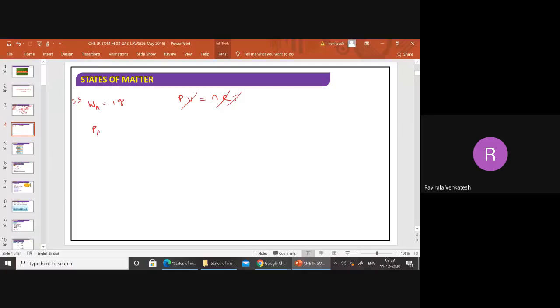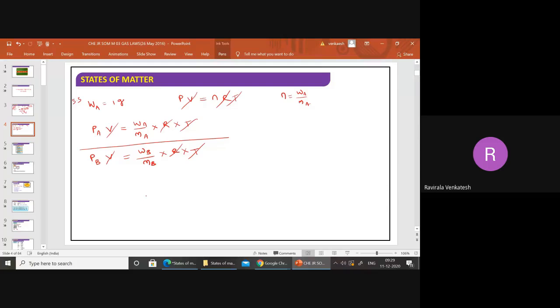Pressure of A, volume is constant. n is nothing but weight of A by molar mass of A, into R, T. Next, partial pressure of B, volume, weight of B by molar mass of B into R. Temperature same, cancelled. R is same, cancelled. V is same, cancelled.